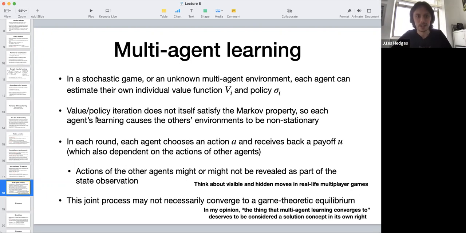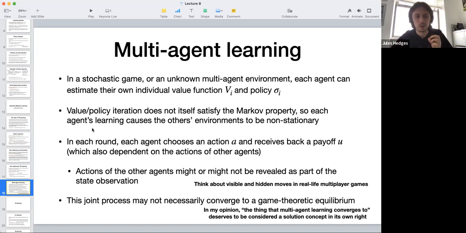As I said, these value and policy iteration learning methods don't satisfy the Markov property, since what they do depends on their previous values. So this causes each other's environments to become non-stationary.